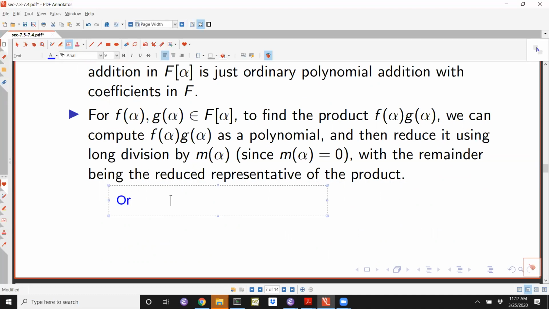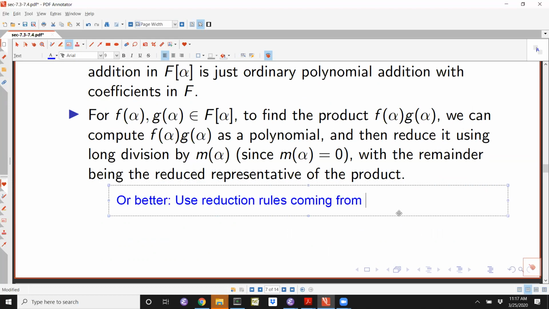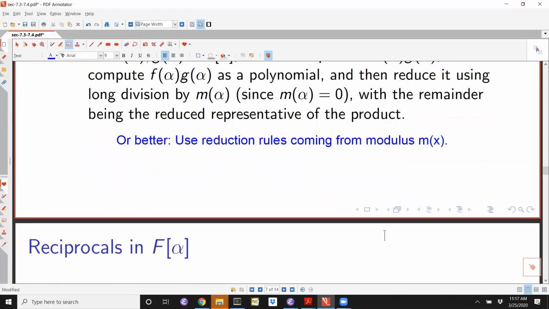Or better, use the reduction rules coming from the modulus m of x. I think m of x is a better way to put it if you're going to be fussy.